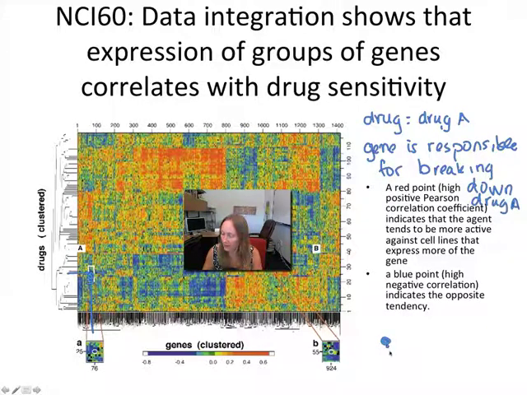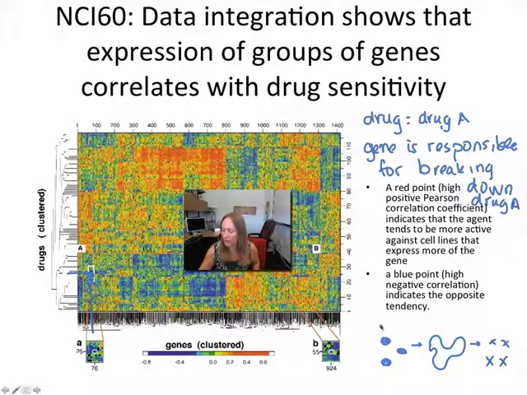So if you have a little bit of drug A in here, and you have a lot of this protein that breaks it down into non-working drug A. So this is drug A, this is the gene, this is the drug A breakdown product.